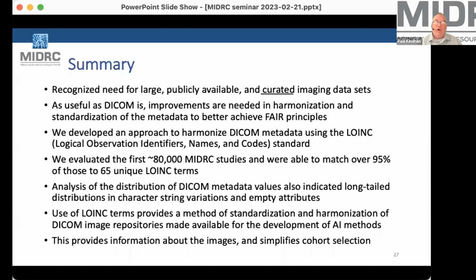So far, in our earlier evaluations, it seems to be working quite well, where we can map over 95% of the studies or exam descriptions to only 65 unique LOINC terms. In other words, we're keeping it fairly coarsely grained so that you don't have to know too much detail about what it is that you're selecting.